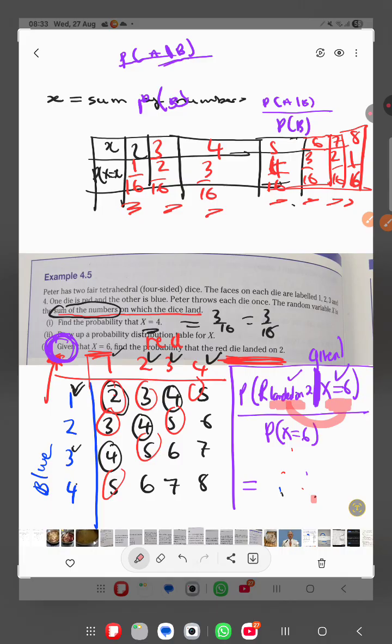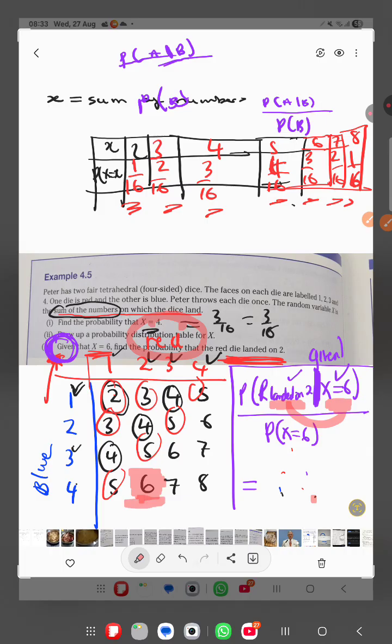Both must happen. Now let's look at our space diagram here. When does red land on 2 and at the same time the sum is 6? I think it's this one here. Red lands on 2, and the sum is 6 here. See both circumstances being fulfilled.